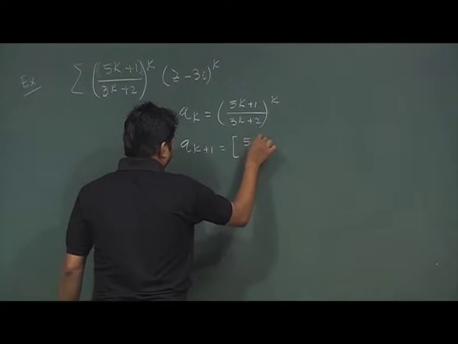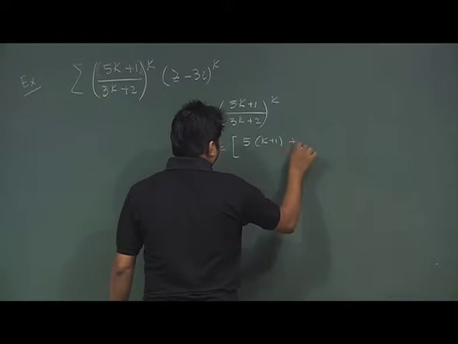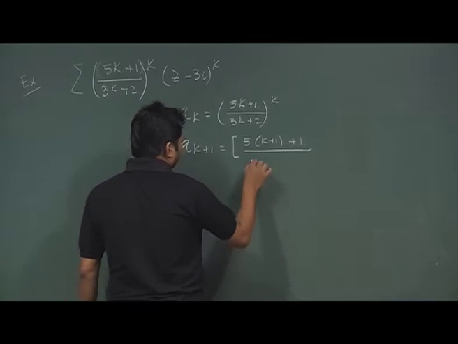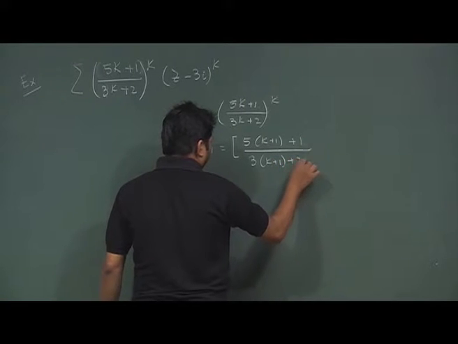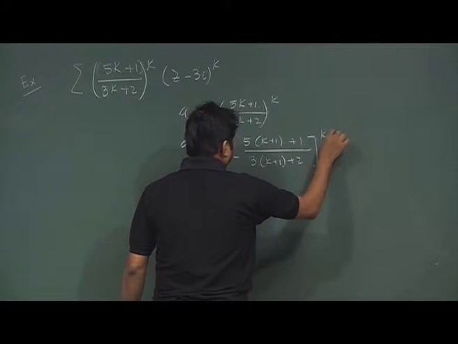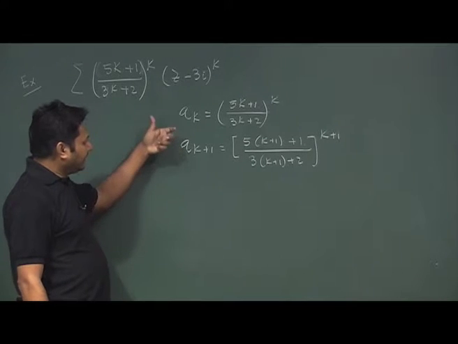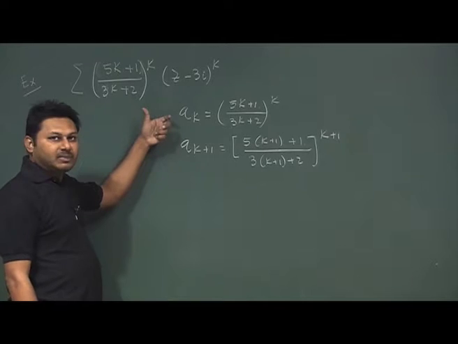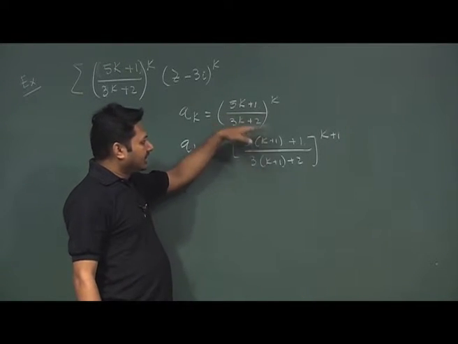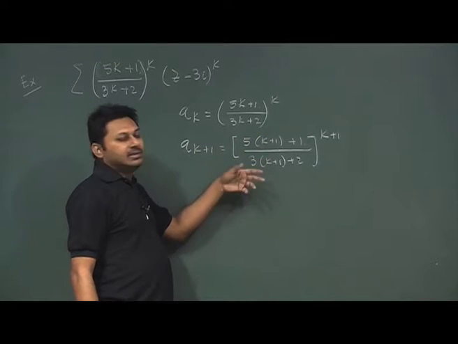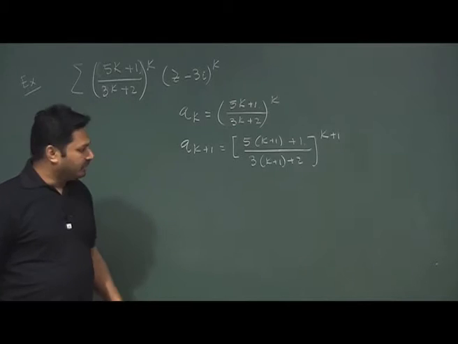It will be ((5(k+1)+1)/(3(k+1)+2)) to the power of k+1. So, when you try to find a_(k+1) divided by a_k, there is some problem, because the cancellation will not be that easy, and then you need to take the limit, it will not be that simple.